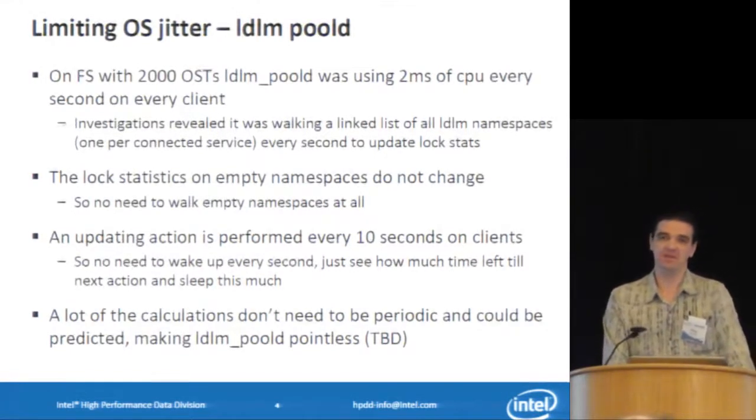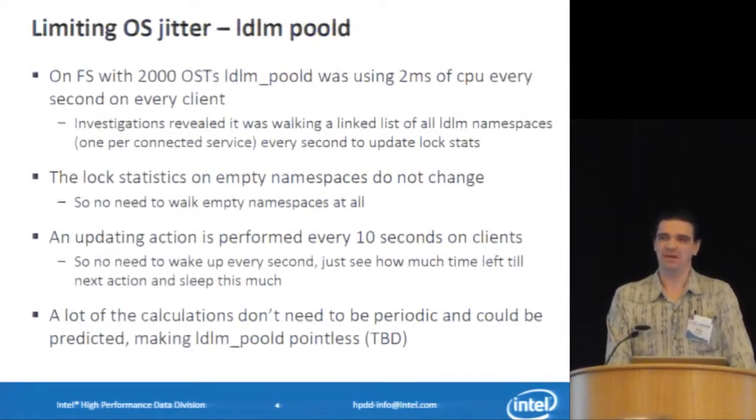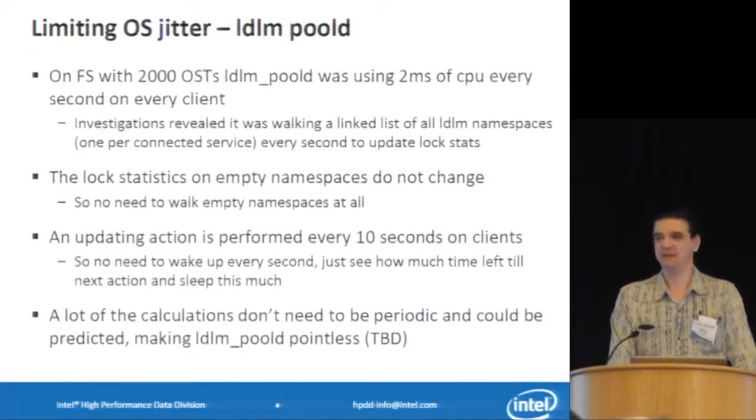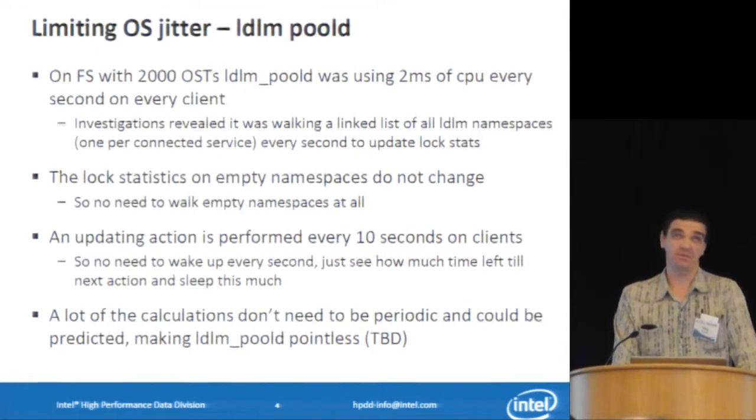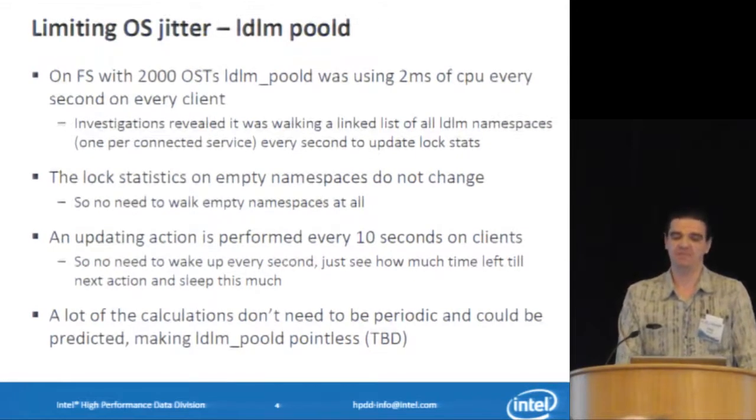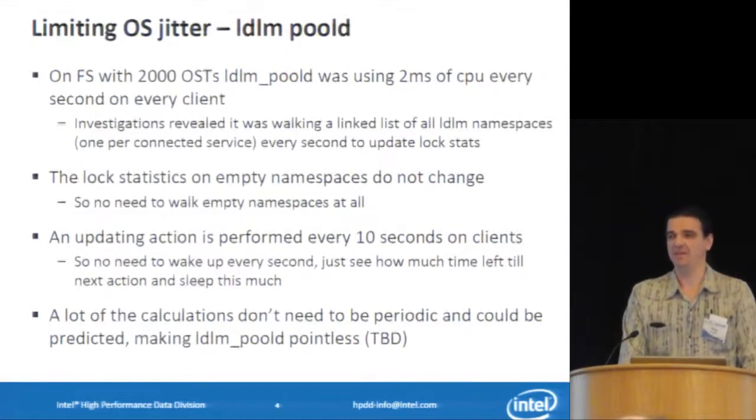The previous implementation, regardless of whether it was running on a server or on a client, was walking through all namespaces and checking all of them whenever it was time to update certain statistics. And it was doing it for both the namespaces that were empty and not empty, client and non-client. And the number of namespaces on clients really does add up.